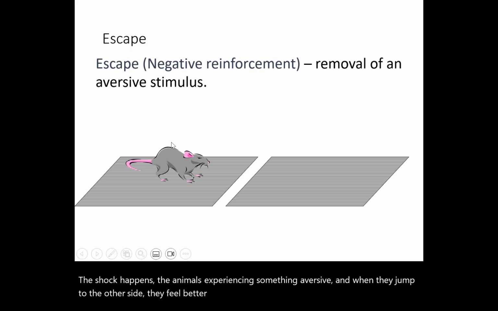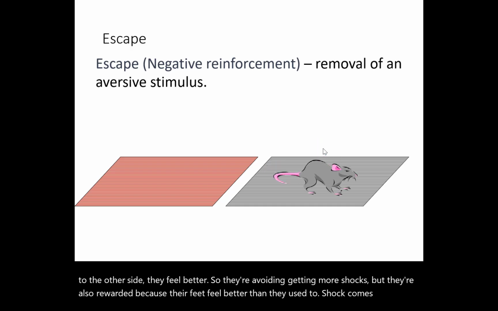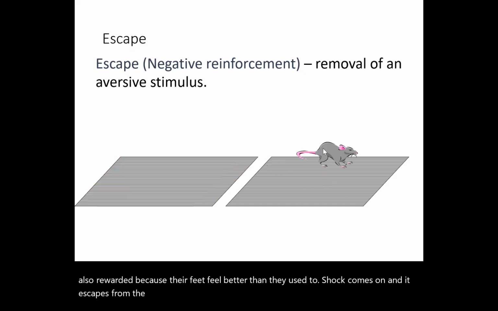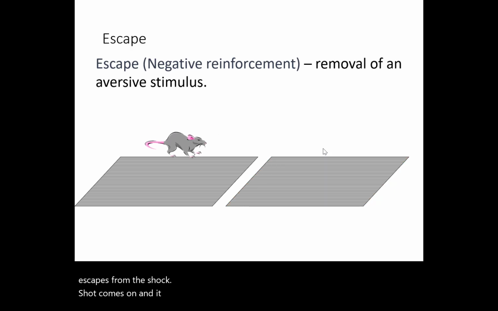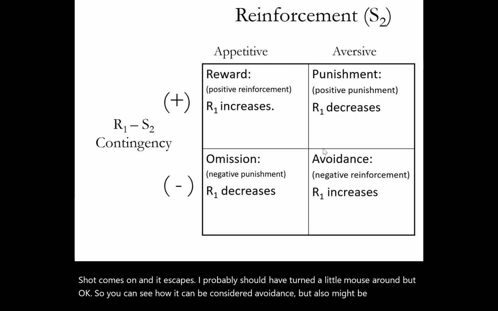So they're avoiding getting more shocks, but they're also rewarded because their feet feel better than they used to. Shock comes on and it escapes from the shock. Shock comes on and it escapes. I probably should have turned the little mouse around, but okay. So you can see how it can be considered avoidance, but also might be considered reward.